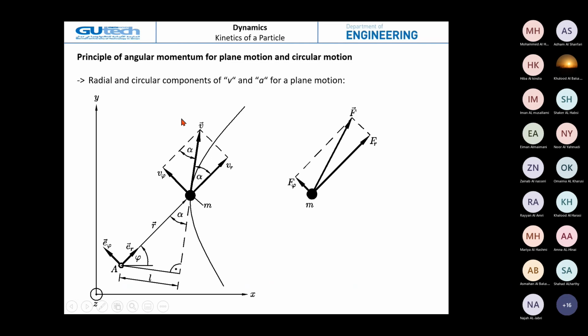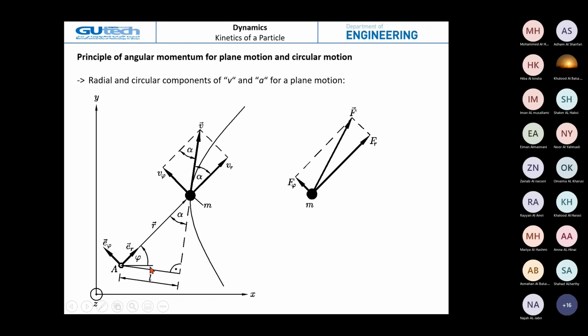Now we take the principle of angular momentum for plane motion and circular motion. For circular motion in the plane, we use in general the polar coordinate system represented by the unit vectors ER and E phi.